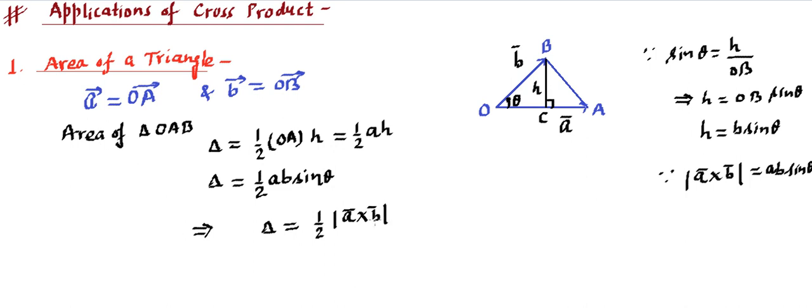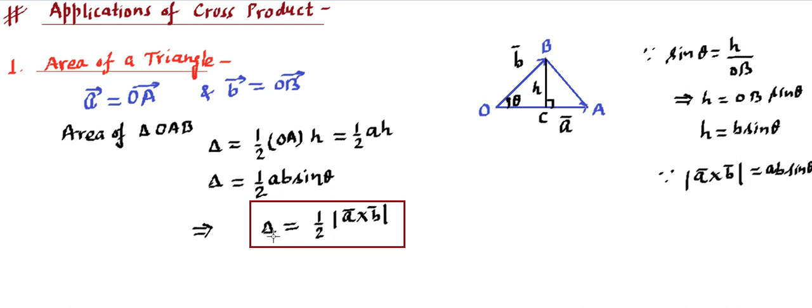So if we know the vector A and we have been given the vector B, then we can go for the cross product of vector A and vector B, find the magnitude of that cross product, and simply divide that magnitude by 2.